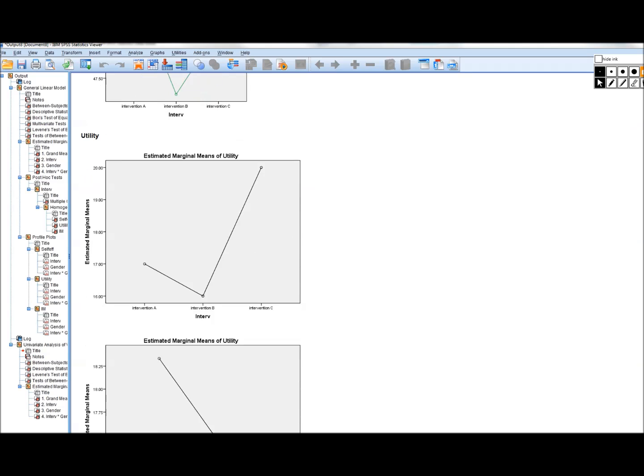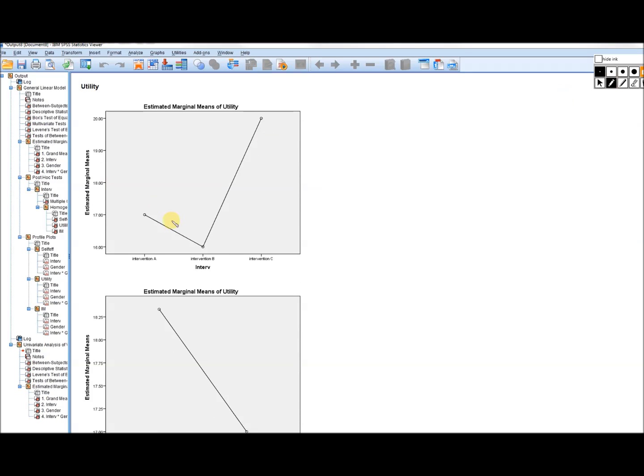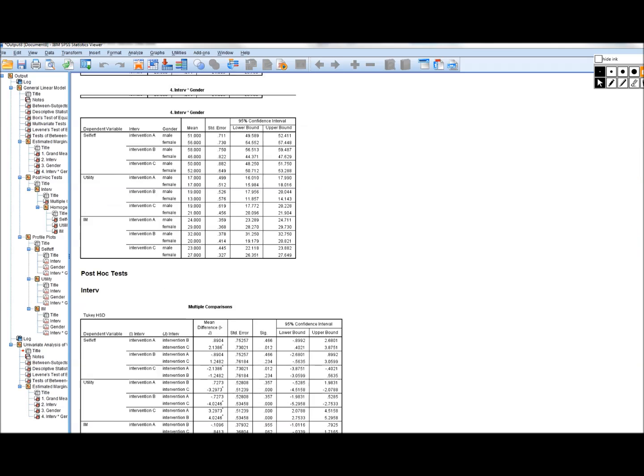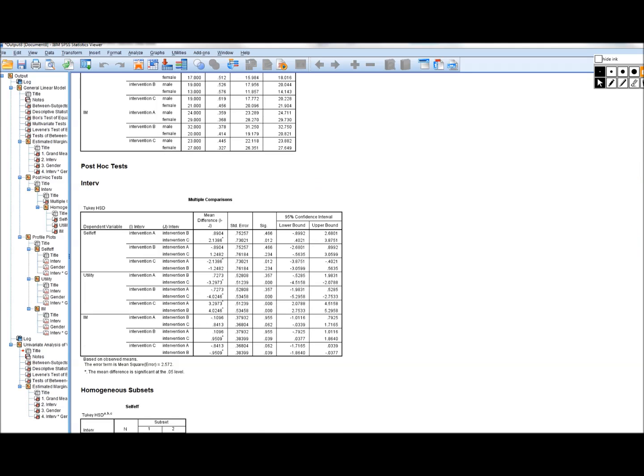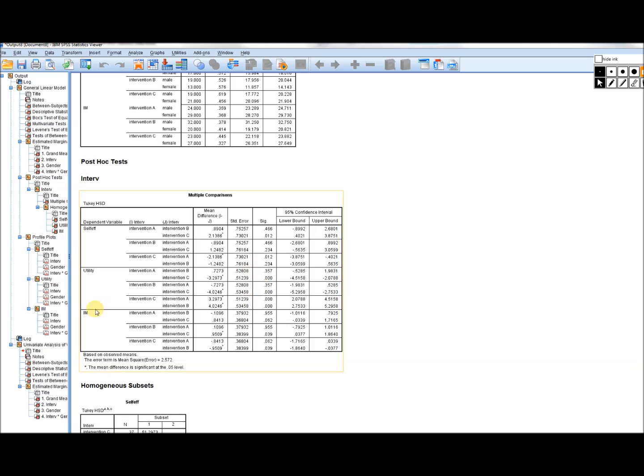So looking at utility, you can see the comparison between intervention A and B, and B versus C. When we look at the difference in values between A and C and B and C, if we go back and look at our Tukey's test, here was the A versus C comparison.